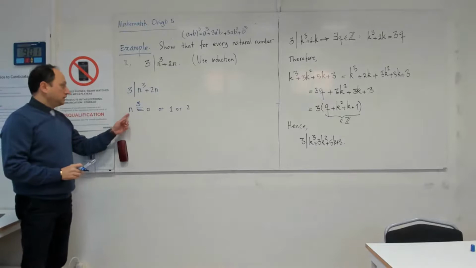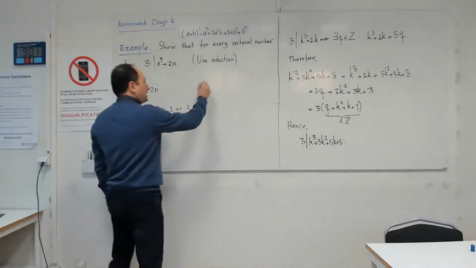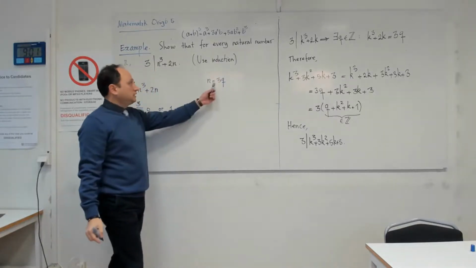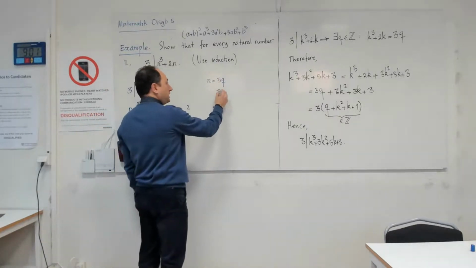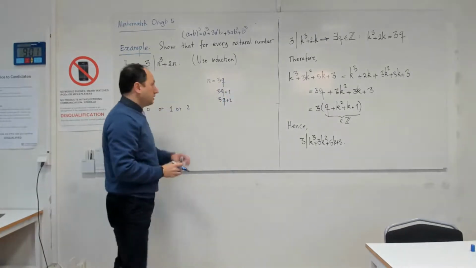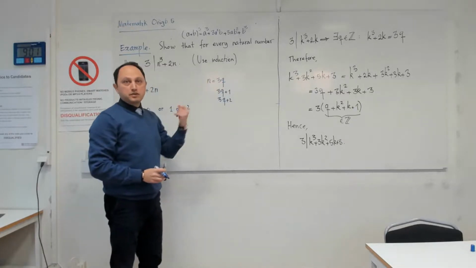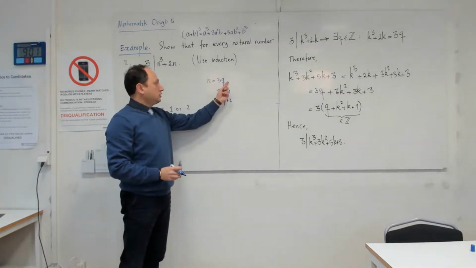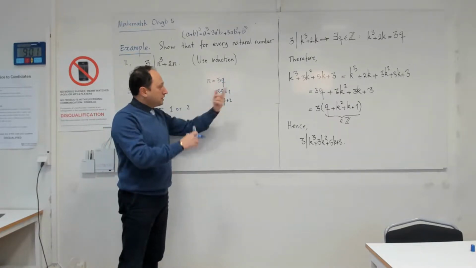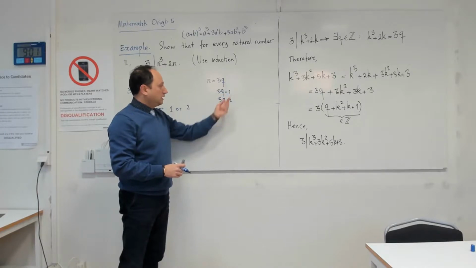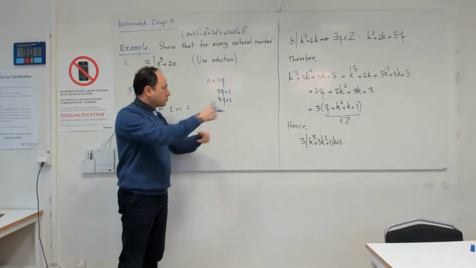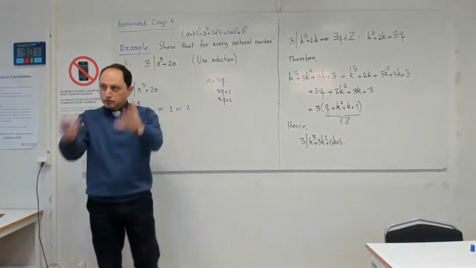Because any number, if n is a number and you divide it by 3, there are 3 possibilities. Either the remainder is 0, so it means that my number is a multiple of 3, or it's a multiple of 3 plus 1 because the remainder might be 1, or it can be a multiple of 3 plus 2. But a multiple of 3 plus 3 is again a multiple of 3. Yes, it goes back. So there are 3 possibilities.